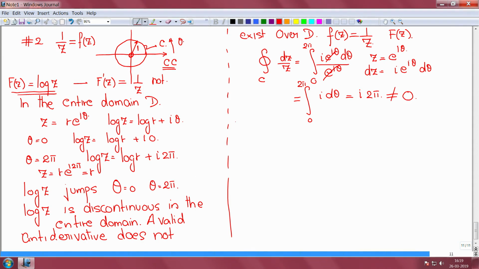So we have explored theorem 1. Now the next theorem is a very important theorem.